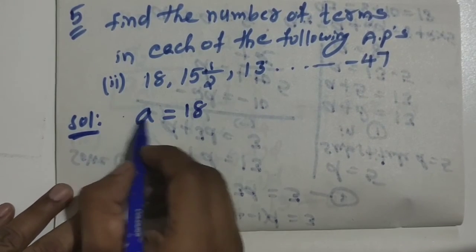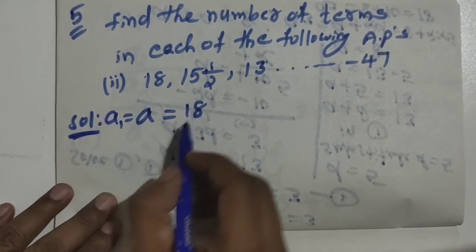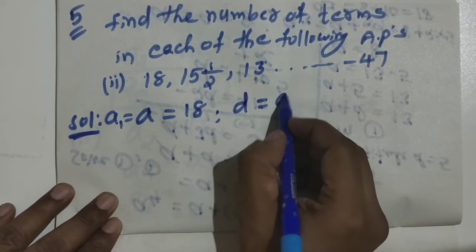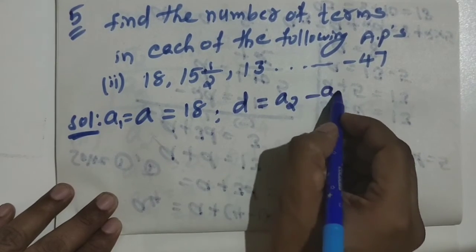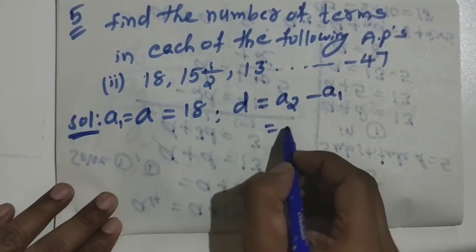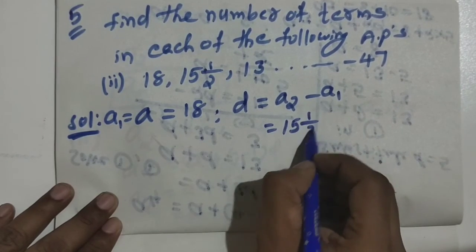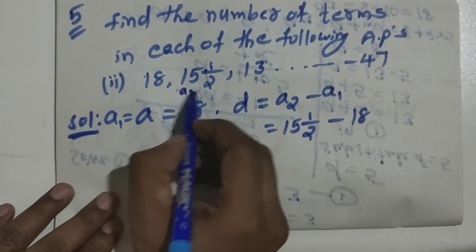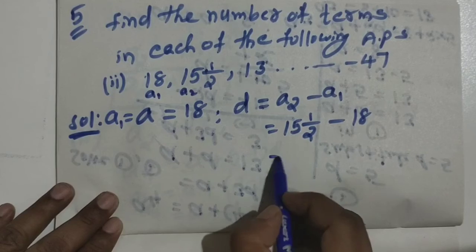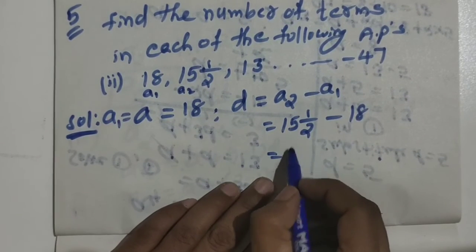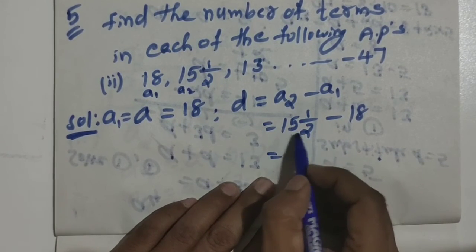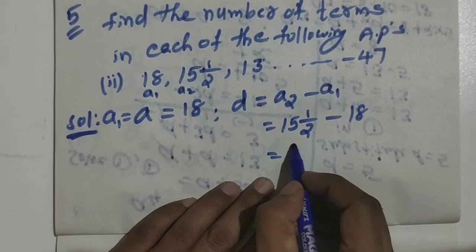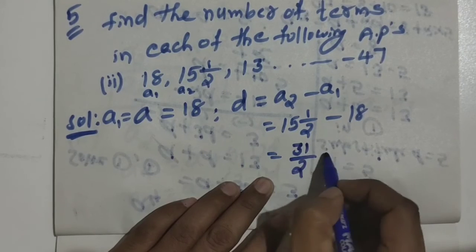That means here the first term is always taken as a. So a1 is equal to a is equal to 18. Then find d immediately. Okay, that is simply, we know, a2 minus a1. So here a2 is 15 and a half, minus a1 which is 18. Okay, this one is a2, as you know, this one is a1. Now 15 and 1 by 2, we can make it a mixed fraction, then an improper fraction: 2 fifteens are 30, 30 plus 1 is 31, so 31 by 2 minus 18.